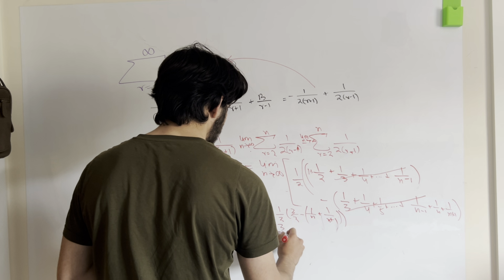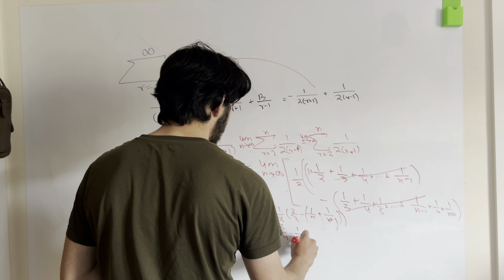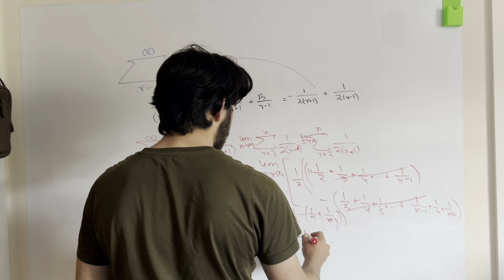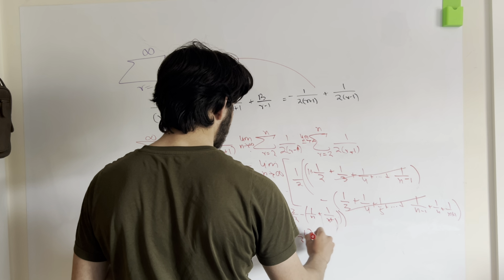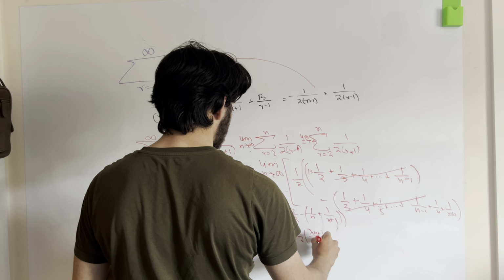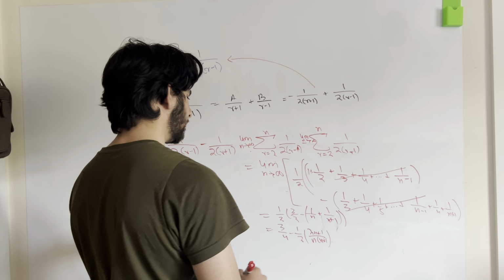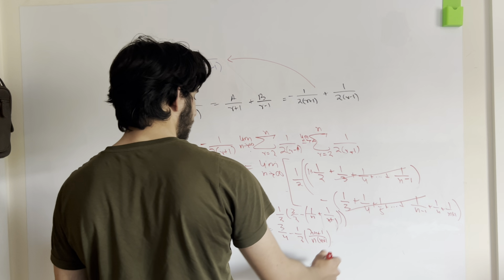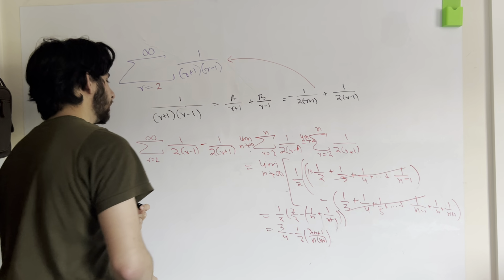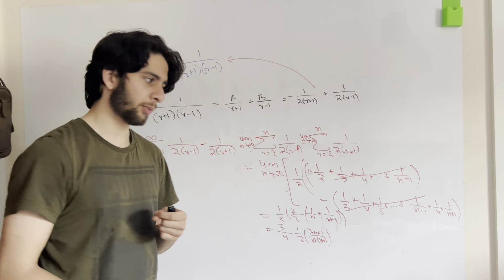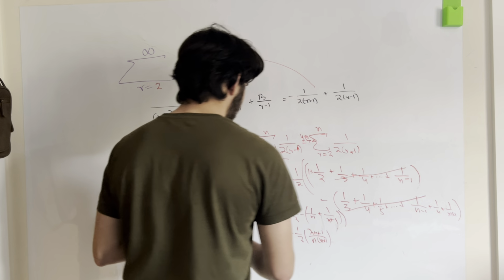What we'll get is 3 over 4 minus a half, and then this bracket goes to 2n plus 1 over n times n plus 1. Of course, I think it's a little bit easier if you want to evaluate the limit here, but if you were asked to just work out what the expression in terms of n was, then I would start simplifying down.